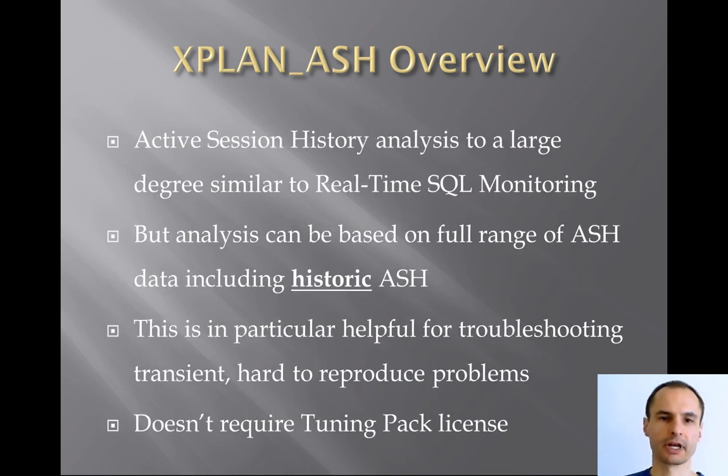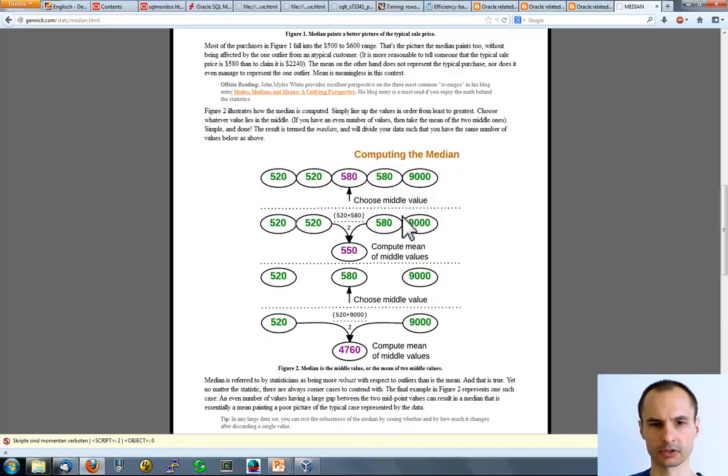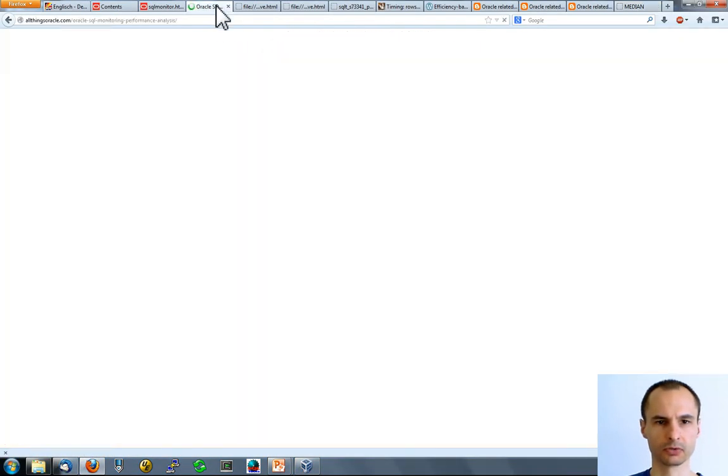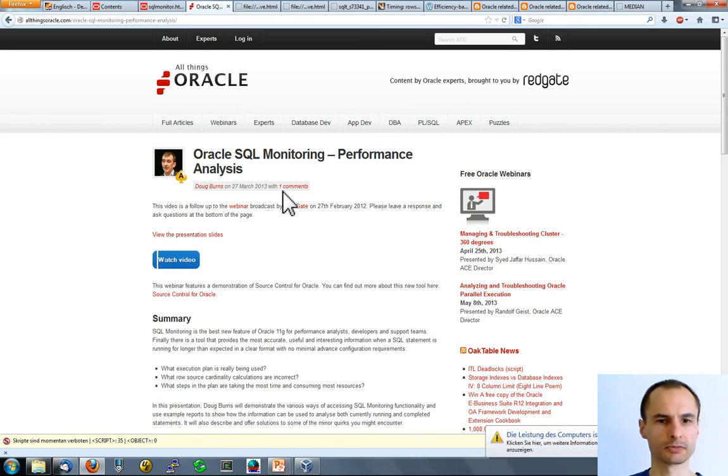What you get from Explain-Ash based on active session history is to a large degree similar to real-time SQL monitoring. If you don't know real-time SQL monitoring, my Oaktable fellow Doug Burns did a very cool webinar recently on allthingsoracle.com, where you can get a lot of details on what real-time SQL monitoring is.